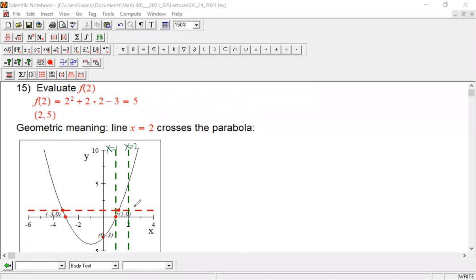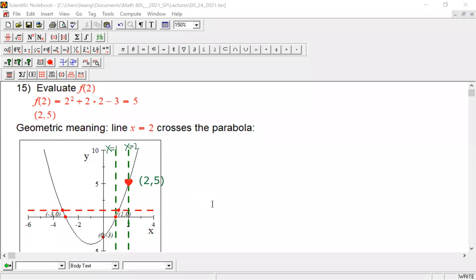And this line crosses the curve right here. And so this point, (2, 5), is right there. Let me use the green. Does everybody follow me? Do you see the consistency from what we did last time to what we're doing right now?